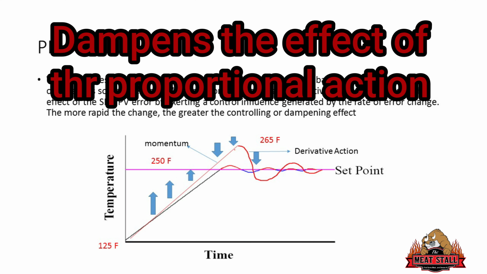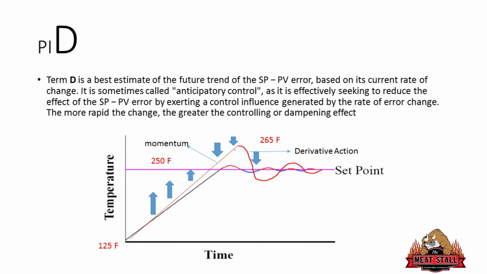So as the proportional is getting smaller and we get above set point, the derivative kicks in and says, hey, we're above set point, we need to go down, and then we'll get that swing and we'll start to come down. And then soon we'll settle out just below the set point with proportional control. So basically, a derivative action is a dampening effect. It dampens the output of your controller so you don't have such crazy swings.